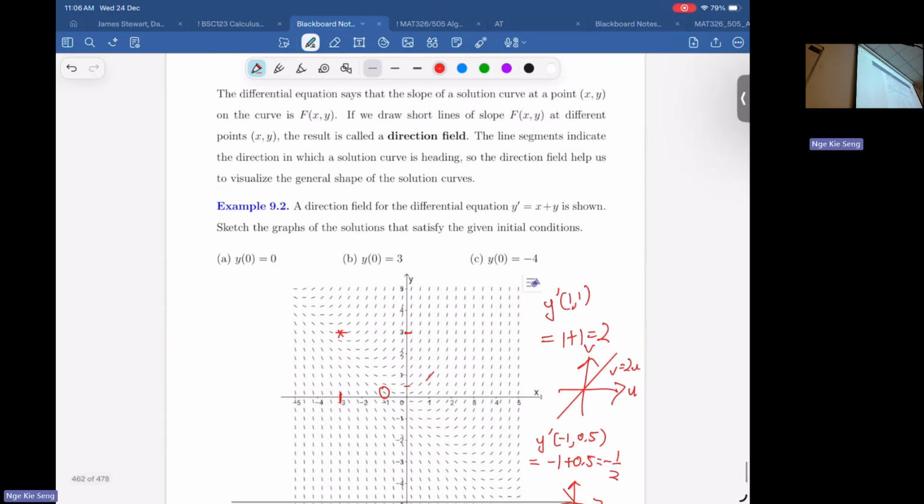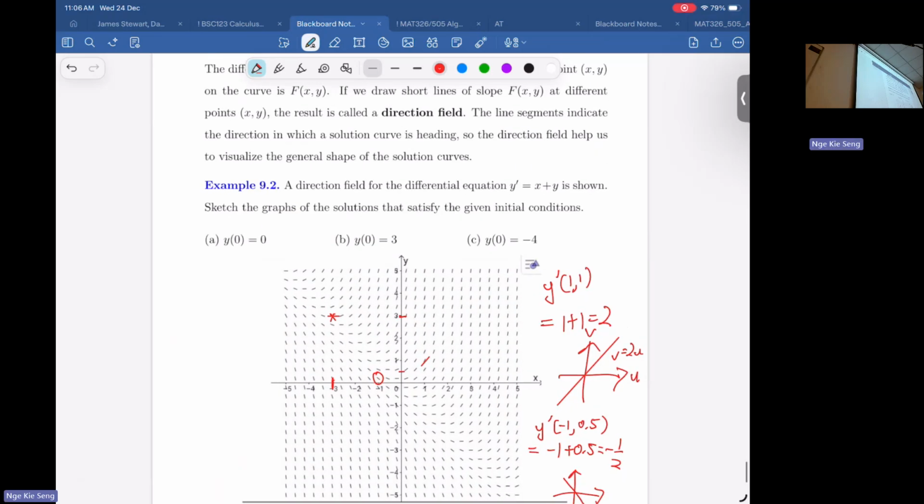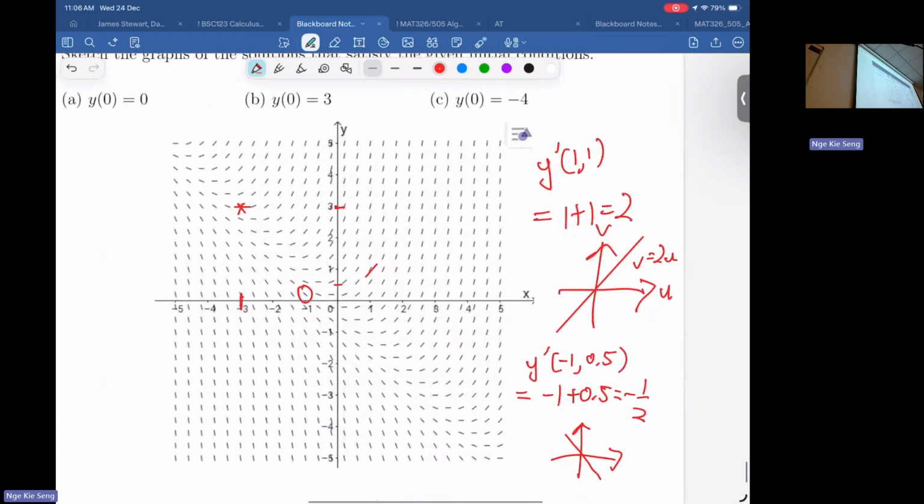Okay, so then what? Imagine you are a particle. This thing is what we call a direction field. It's like a wind, and the wind will blow, flowing along this direction.